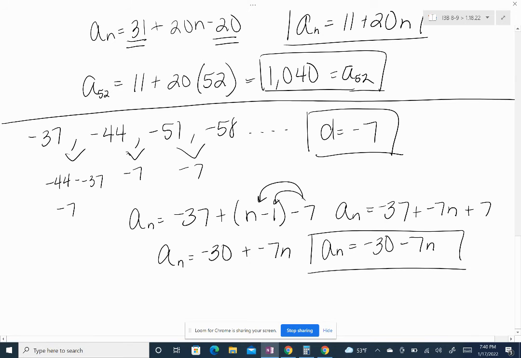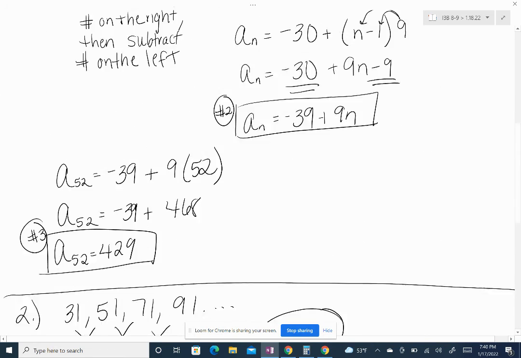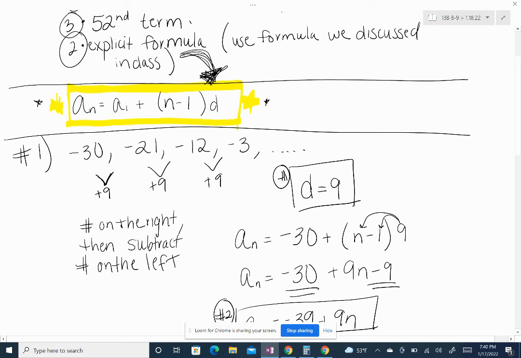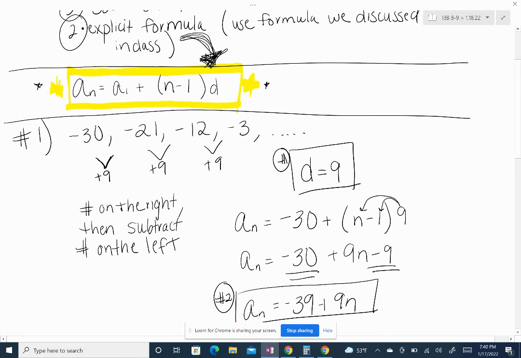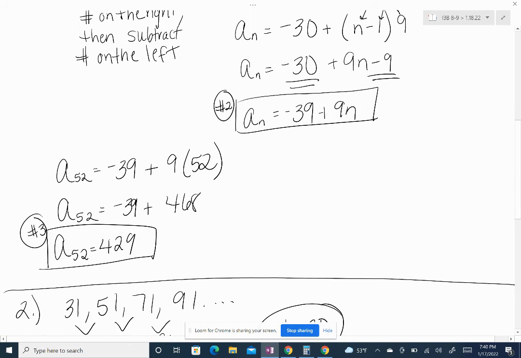Okay. And then just remember for any of these, the first number is the first term. So something like number 1 could represent money, right? So let's say that we have $30 invested in a lemonade stand, and every day you make $9. After the second day, you're only negative $21. After the third day, you're only negative $12. And you want to know how much money you have after the 52nd day, you're going to have $429.